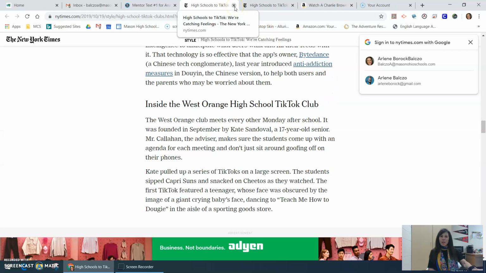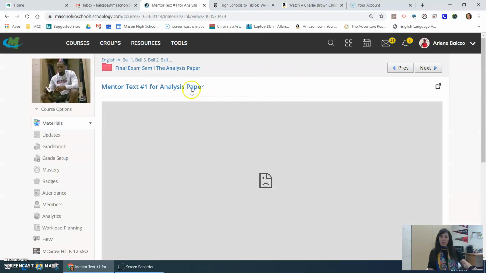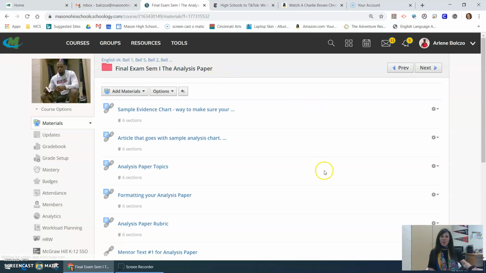So if you were not here and we went through this TikTok app analysis paper, please open up mentor text number 1 and take a look at it so you can see an example. I'm also going to write one. I'm going to write an analysis paper on the Charlie Brown Christmas movie, and I will put it in this folder when I have it finished.